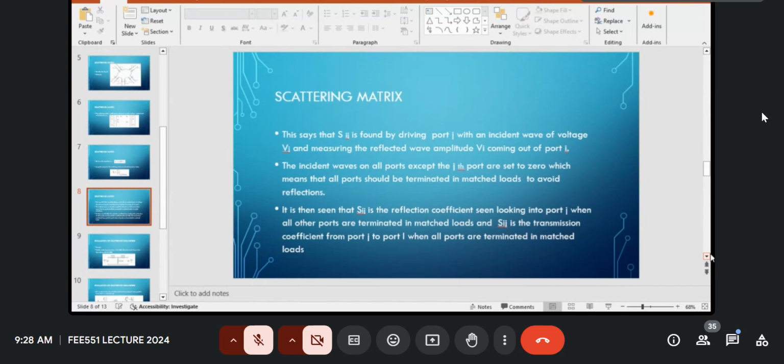It is then seen that Sii is the reflection coefficient seen looking into the port when all other ports are terminated. Also, we can say that Sij is the transmission coefficient from port j to port i when all ports are terminated in matched loads.